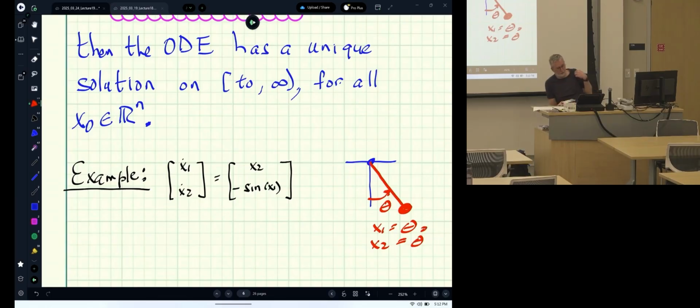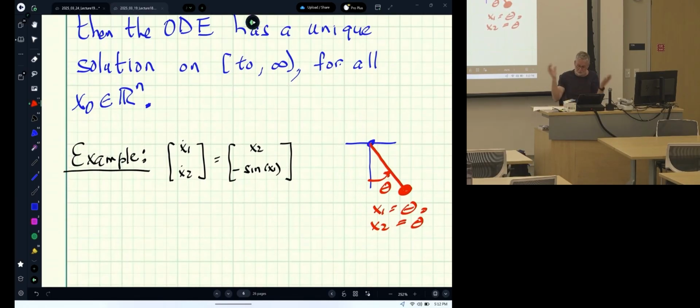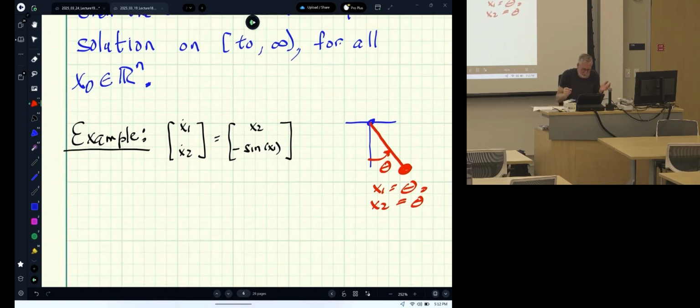Yeah, so it's the pendulum, okay? So we suspect solutions exist because we know these things either oscillate or if you go really fast, it spins round and round, but it can't go anywhere, okay? It can't blow up. So we'll just calculate the Jacobian.